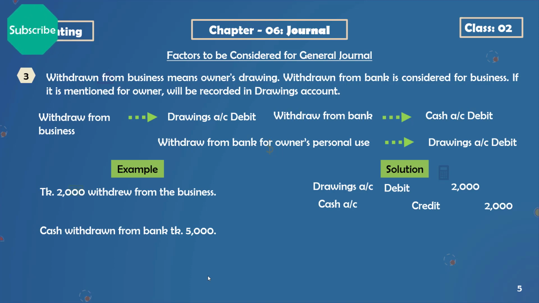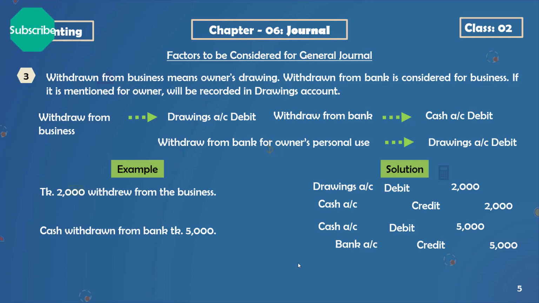So the transaction must be cash account debit and bank account credit, because cash reduced from the bank, so we credit bank account, and we extracted cash from the bank, so cash increased. So for increasing cash, we debit cash account, and for the reduction in the bank balance, we credit bank account. So the journal is cash account debit, bank account credit.